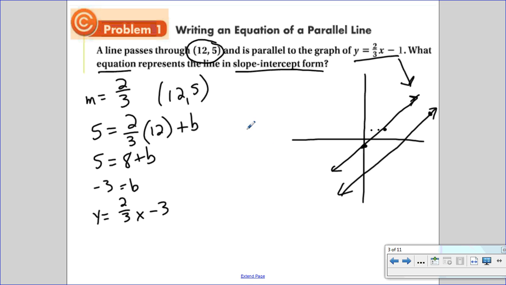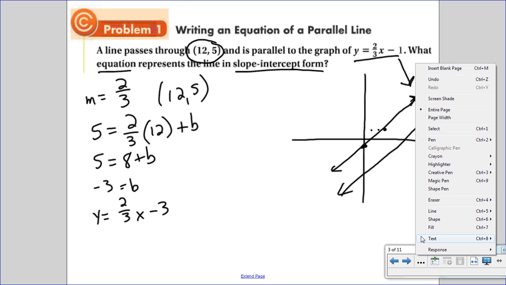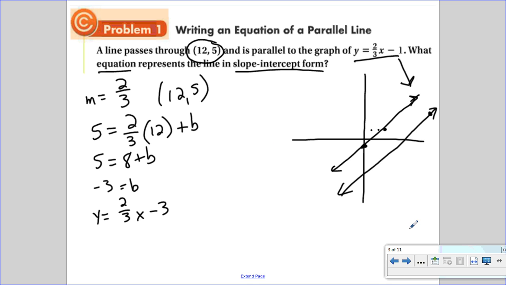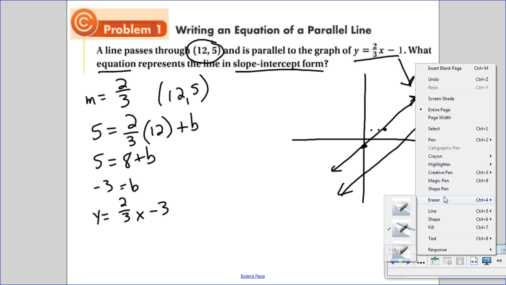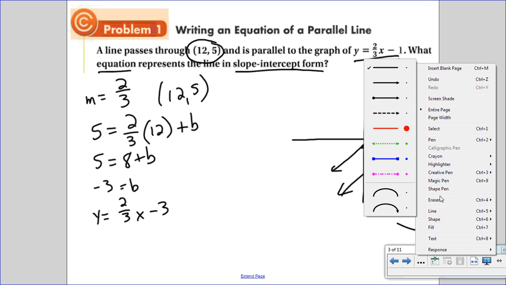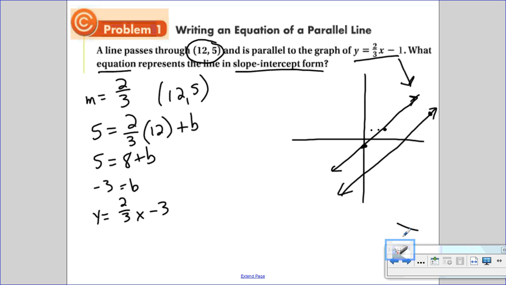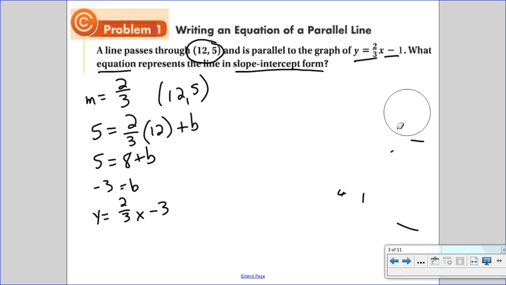Okay? If I decided to do this in point-slope form, I'm going to erase all of this right here. What I would do is I would start with y minus 5 equals 2/3 times x minus 12.